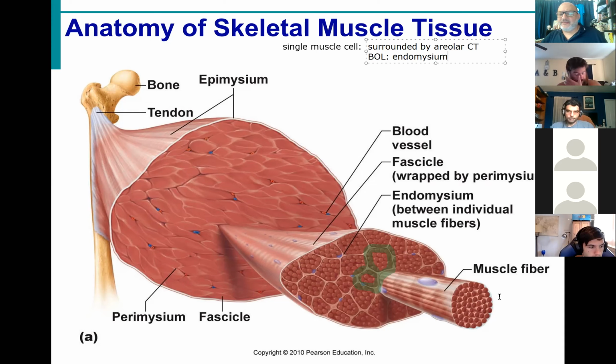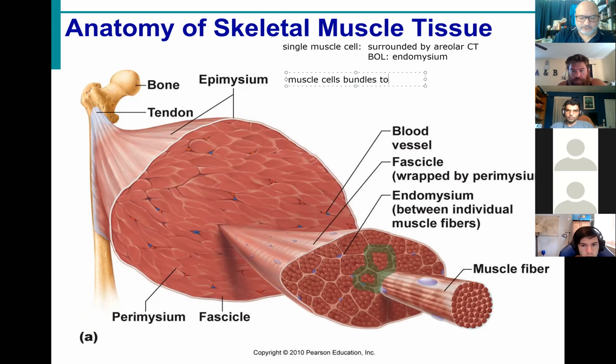However, notice this muscle cell and 14 of its closest friends are bundled together. And we bundle them together into a structure we call a fascicle.